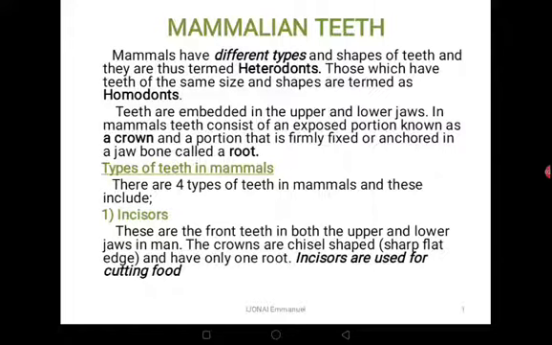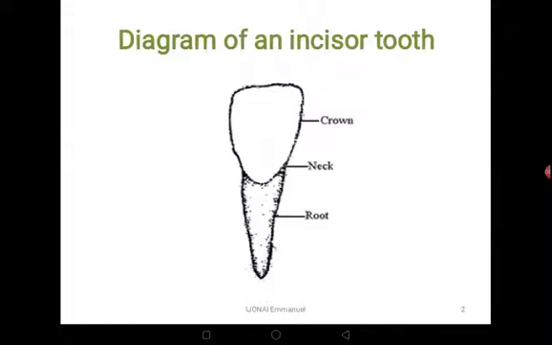When you look at them, their crown is usually chisel shaped, and therefore it has a sharp and flat edge, and they usually have only one root. Their major function is cutting food. So when you are eating, the teeth that you use for cutting food are the incisor teeth, because they have a sharp, chisel-shaped crown.